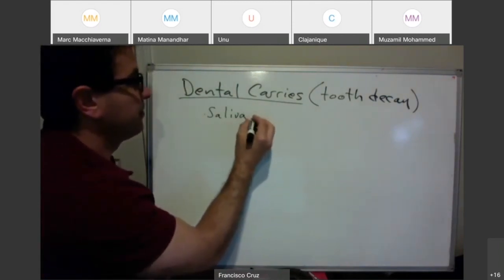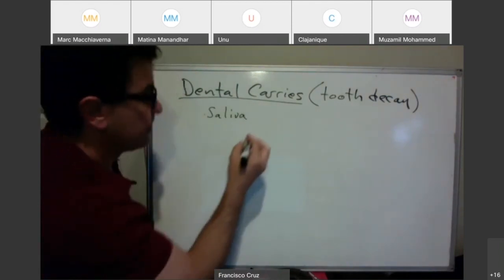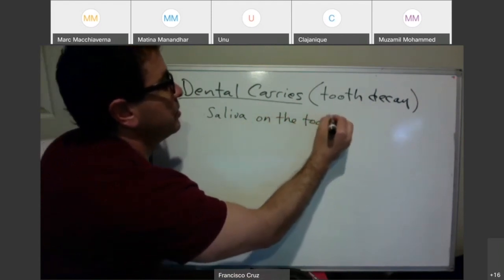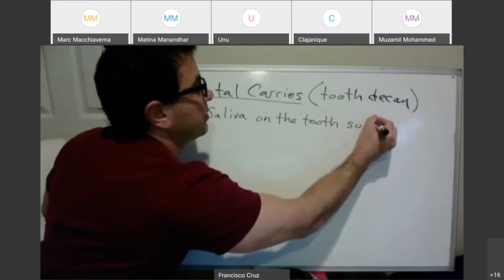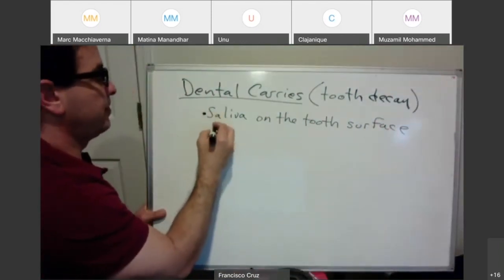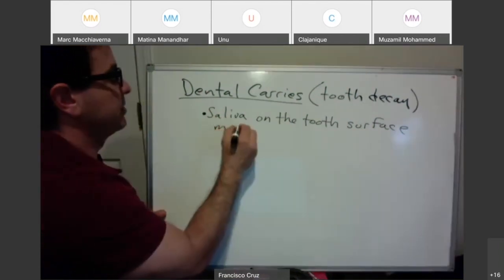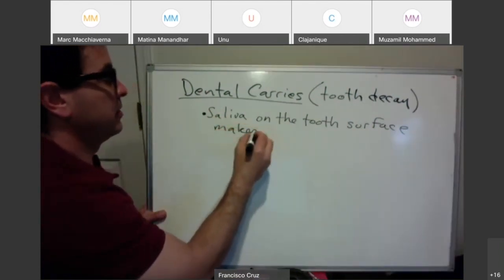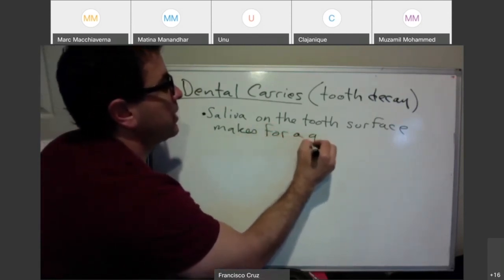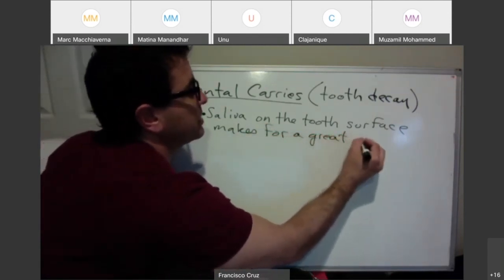Because of the nutrients on the tooth surface, it makes a great attachment site.